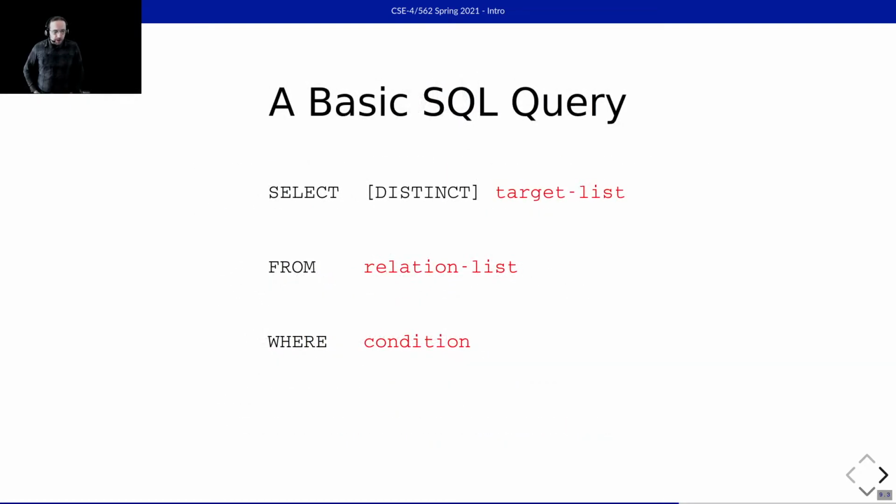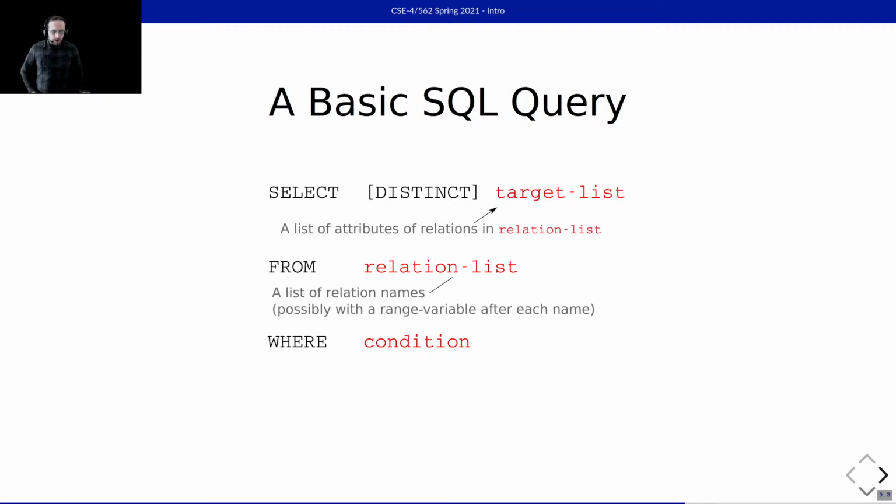So a basic SQL query is composed of three parts: a select clause, a from clause, and a where clause. Because select has multiple meanings depending on whether you're talking about SQL or relational algebra, I generally refer to this as the target clause. The from clause defines a list of tables or relations that you're analyzing. The relations may also be aliased or assigned a range variable.